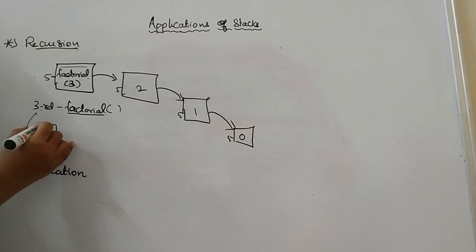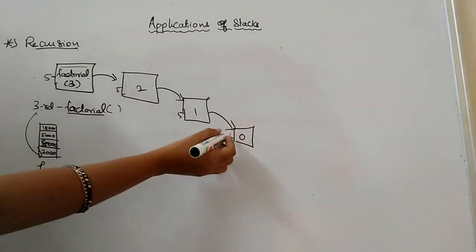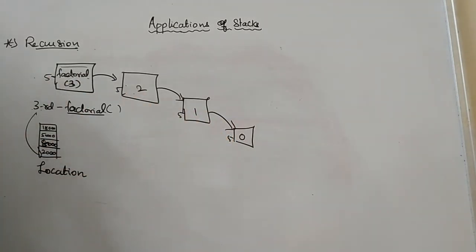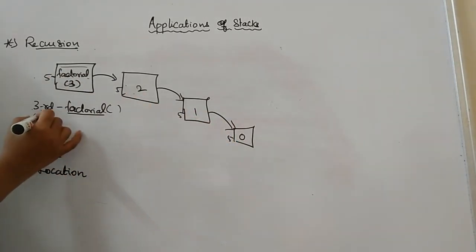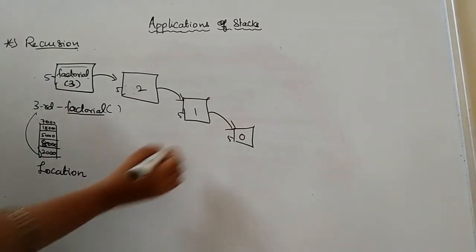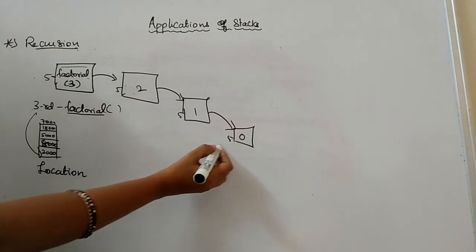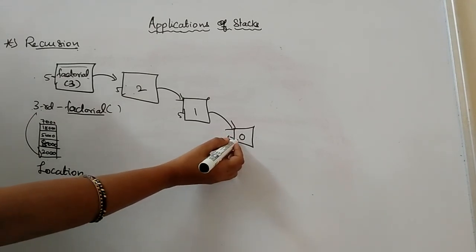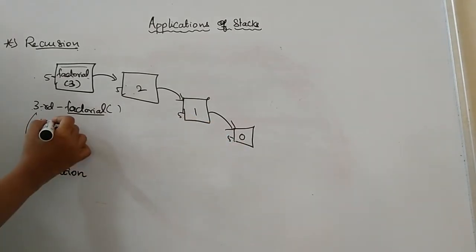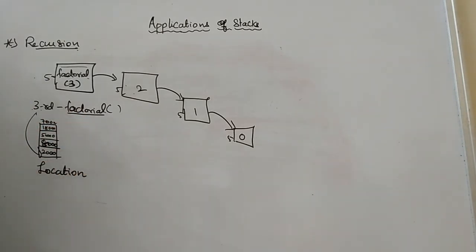Just for example, 18,000, and then again it will be shifted to the next place, for example 7,000, and so on. So how will the value be returned from factorial of 0 to 1? It will take the reference from the location stored here.